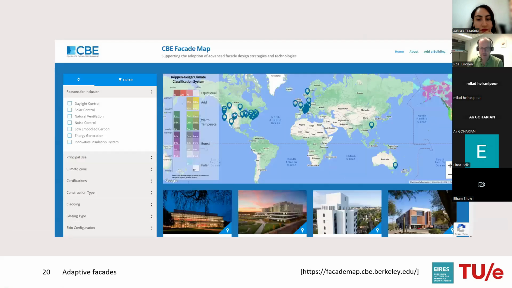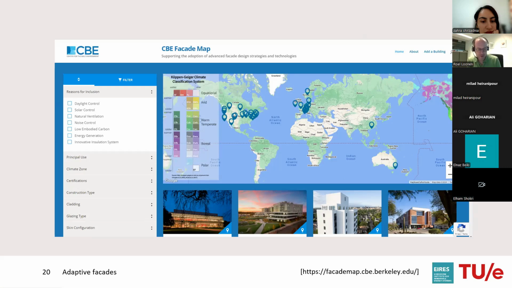And then finally, this is a map developed by Berkeley University, where they, so this is a very recent development, made an overview of state-of-the-art building envelopes, again on a global scale, linked to different climate zones.